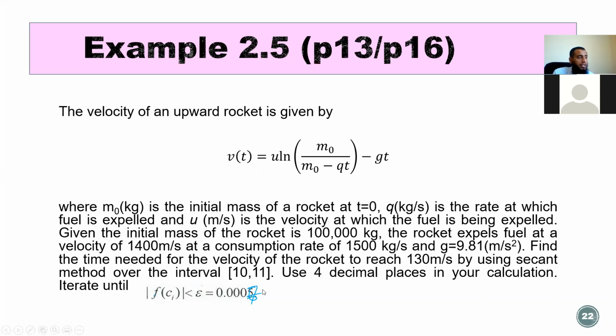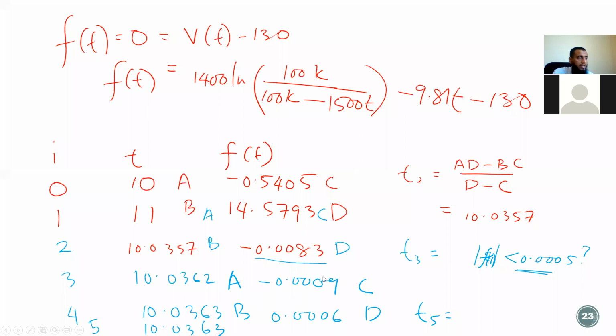However, the stopping criteria here is incorrect. You can try to do more and more, and I'm not sure what number you will get if you continue. The same result, 0.0006.